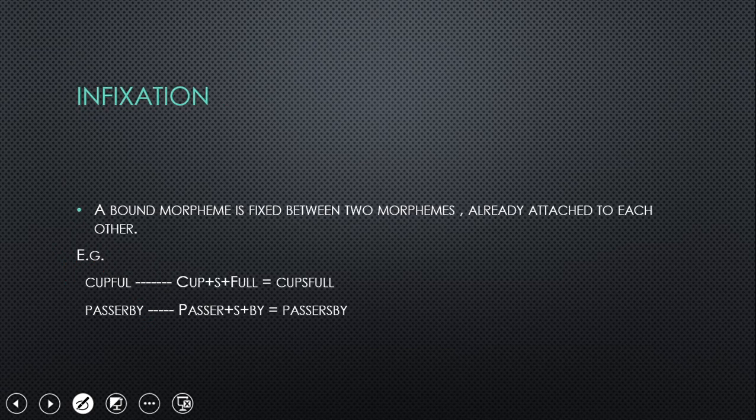Then comes infixation. Infixation is really kind of rare in English. What happens here is that you fix a bound morpheme between two morphemes that are already attached to each other.